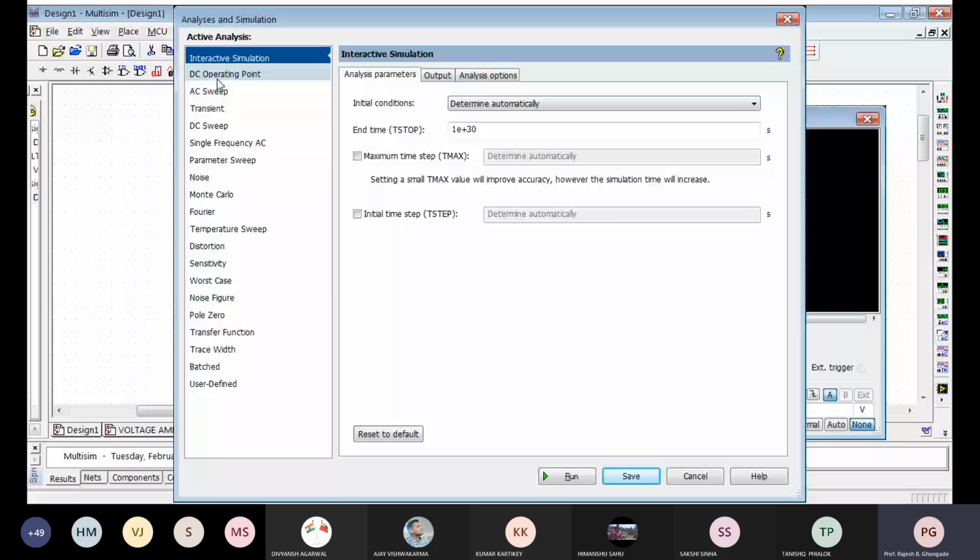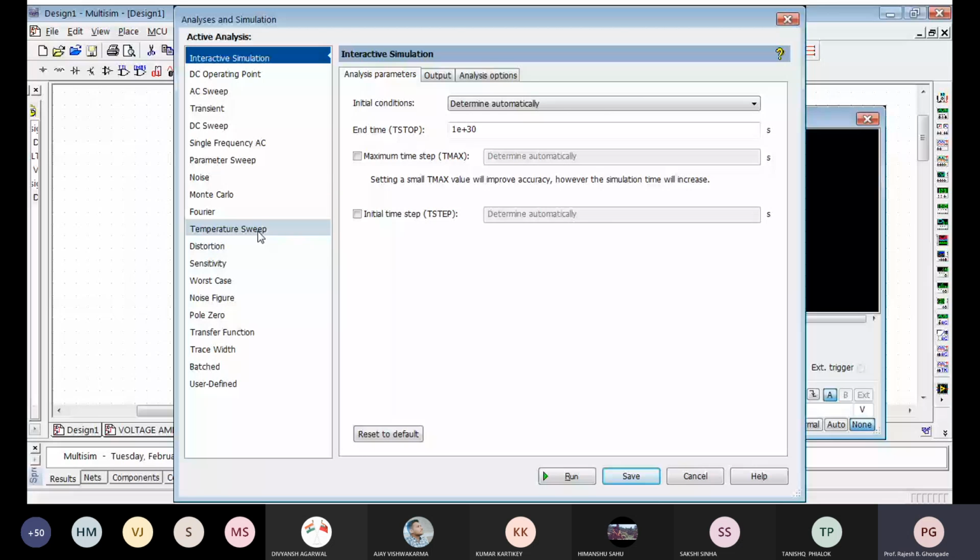You may not have used DC operating point. AC sweep definitely you have used. Transient you have used. DC sweep you have used. Maybe temperature sweep also you have used. So all these are specific analyses which cater to a particular set of parameters for testing the circuit.